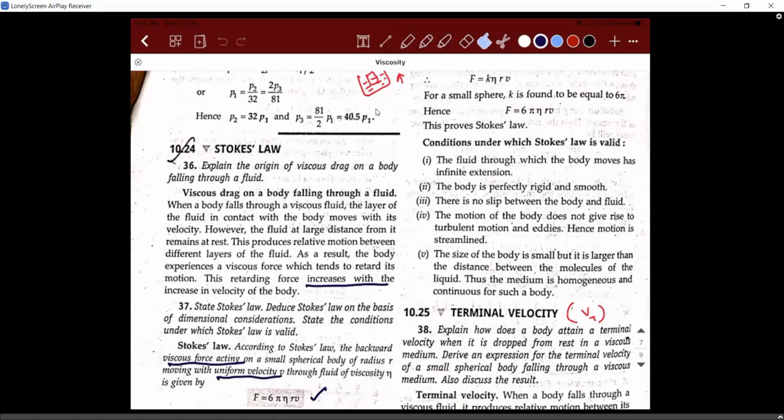And when it becomes a constant, the velocity attained by that object is what we call terminal velocity, right? So now what is Stokes law? The concept which we discussed about the ball dropped into a viscous liquid is the theory involved in what happens behind the motion of that solid.